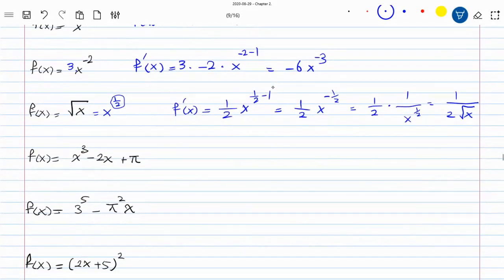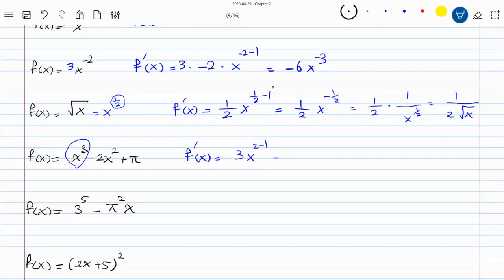Okay, now how about this? What if you have functions added or subtracted from each other? It's not really any different. Consider each one separately. Derivative of x cubed, we already calculated this. It'd be drag down the exponent, subtract 1 from the exponent. You can do it step by step. Minus derivative of 2x. Here is what you should be careful about. Let me change this to 2x squared.